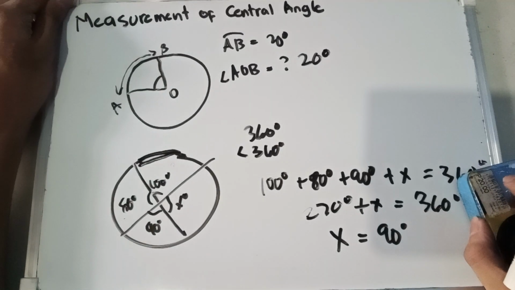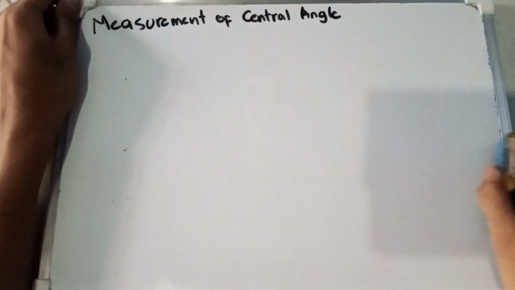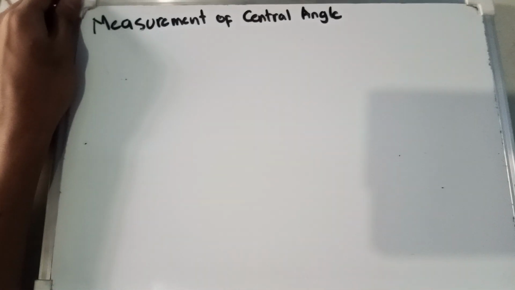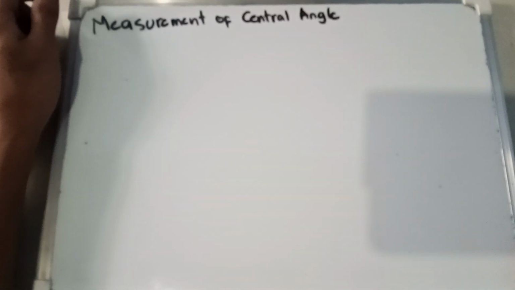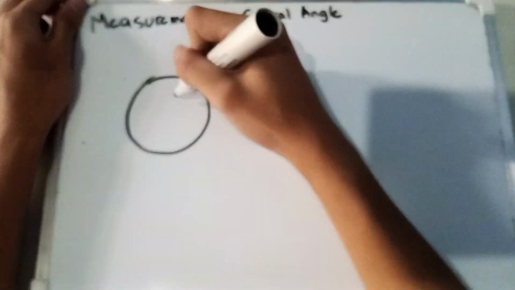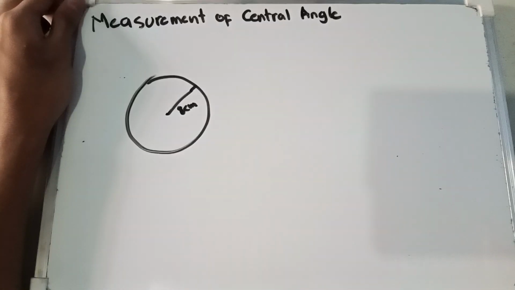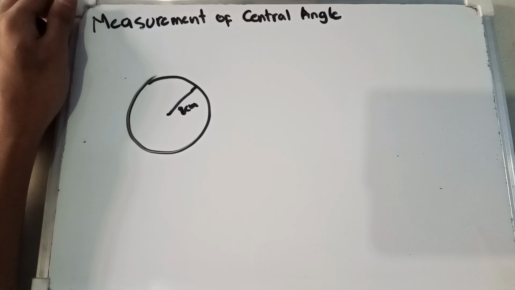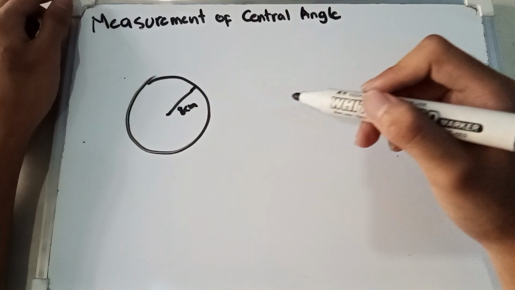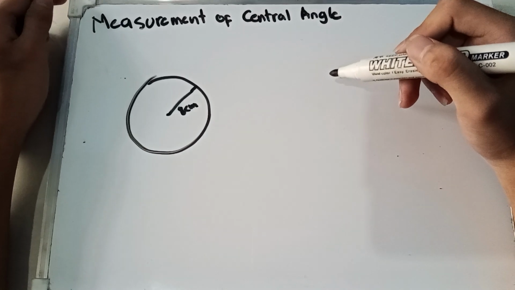So now another problem. A circle has a radius of 8 centimeters, and the arc length is 12.57 centimeters. What is the measure of the central angle?